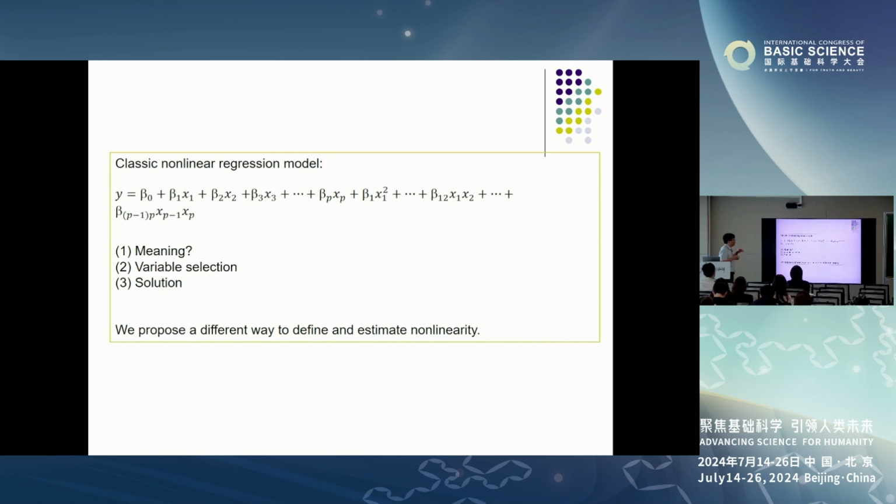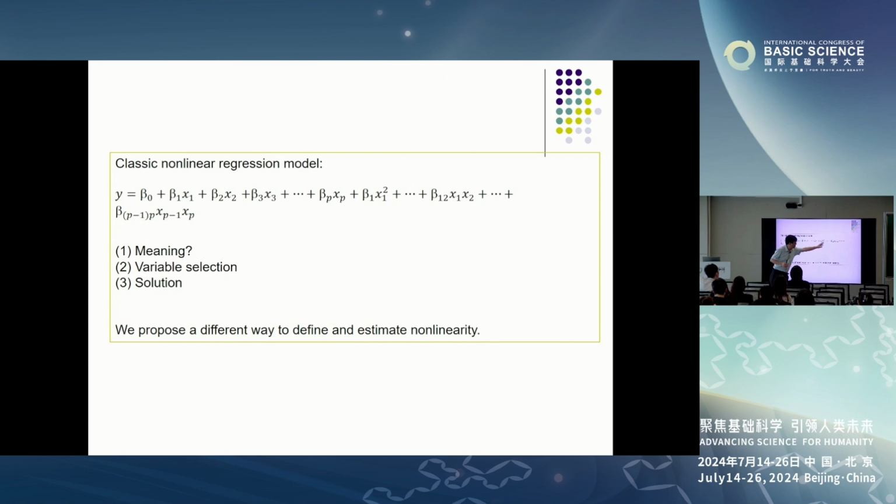This model can be expanded to consider interaction and nonlinear relationships. For example, you can incorporate x squared, which is nonlinear, and x1 by x2, which is also nonlinear. So it is a nonlinear regression model, but this type of nonlinear regression is difficult to explain.